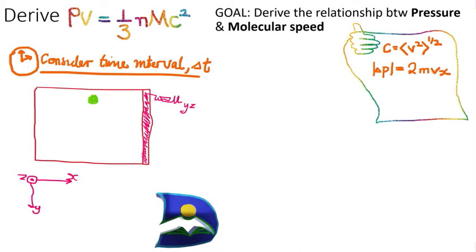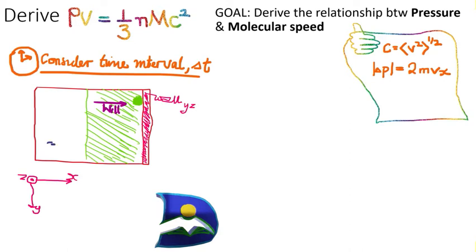A molecule in a specific area is more likely to hit the wall, versus another area of that space where molecules will less likely hit the wall at a specific time.